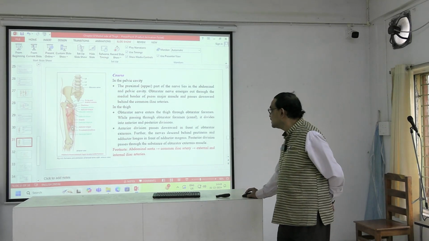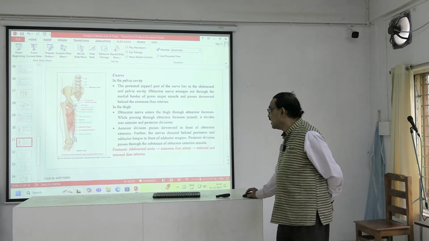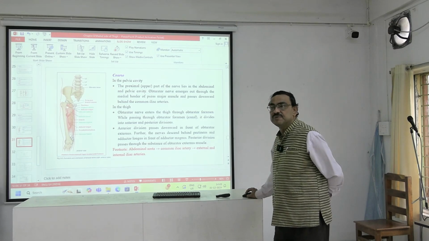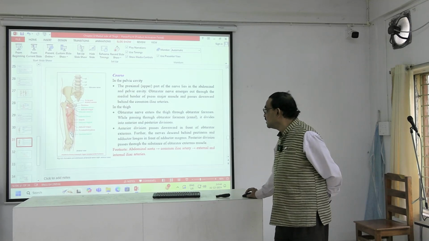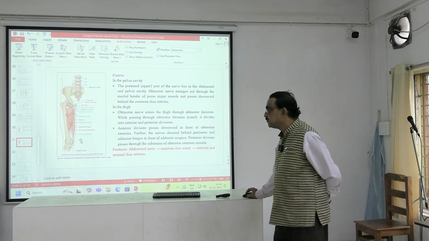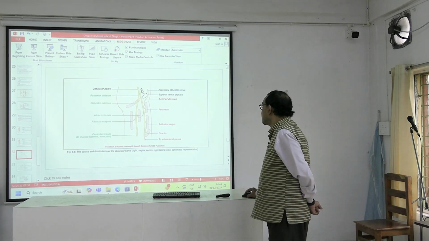This posterior division passes through the fifth osteoaponeurotic opening, so not only the femoral vessels, the posterior division of the obturator nerve will also pass and supply the knee joint. This is the obturator nerve, this is the anterior division and this is the posterior division.